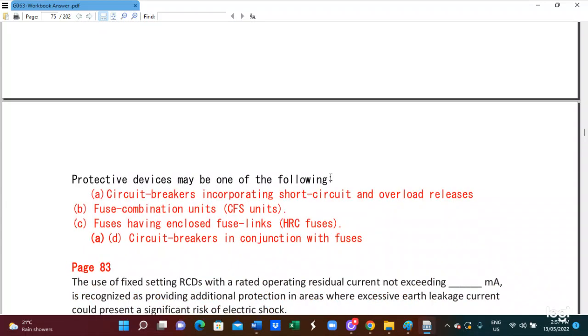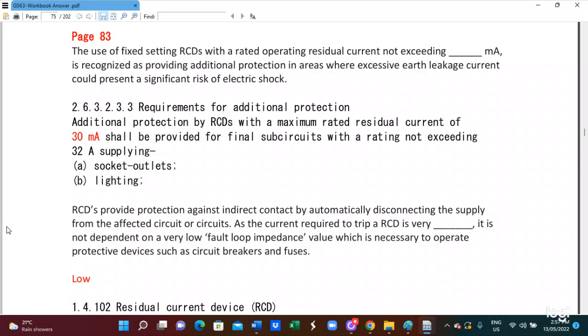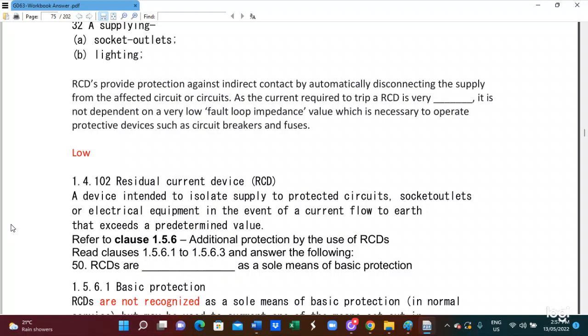And also the protective device may be a circuit breaker or fuse, and page 83 mentions the use of the fixed setting of the RCD. So this is a requirement for additional protection, also an important aspect, because a maximum rated residual current of 30 milliampere shall be provided for the final circuit. And also the lowest residual current is detected by the RCD.